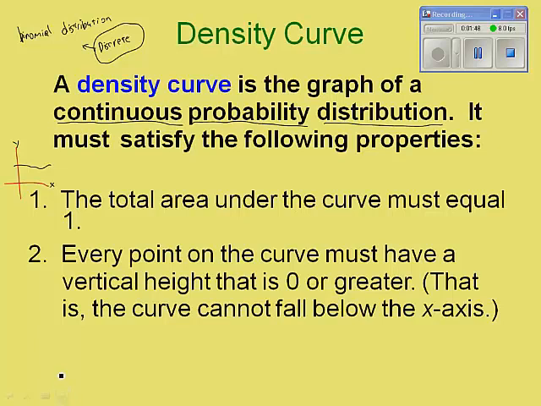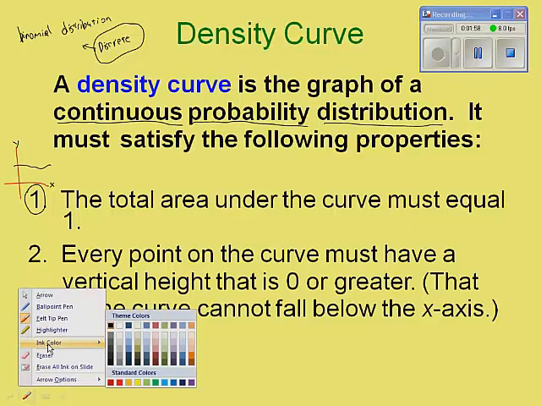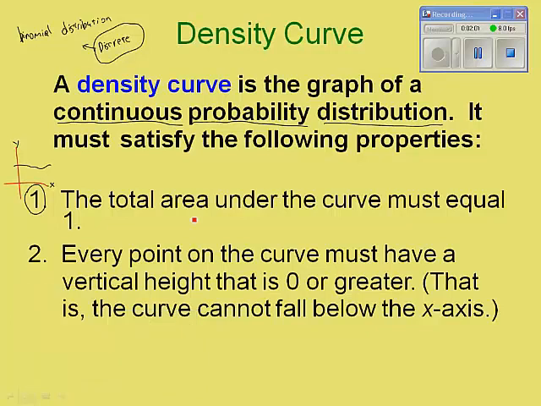Here they are. Property number one says the total area under the curve must equal 1. Now that's not what had to equal 1 for us in the discrete case. Do you remember what it was that had to equal 1? Yeah, what about the probability of x?